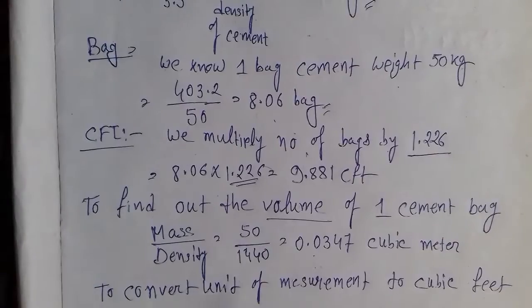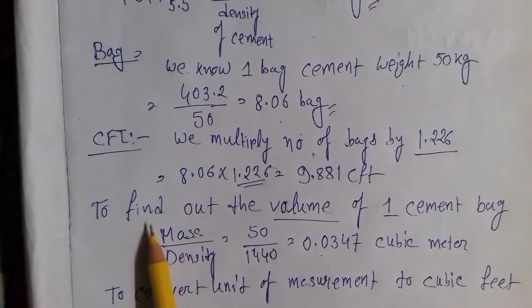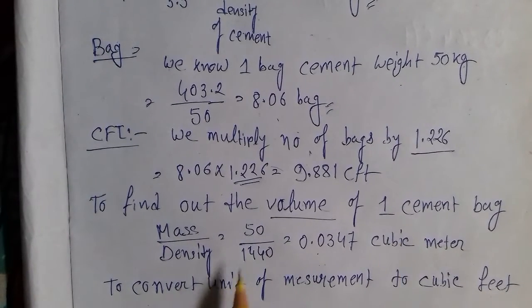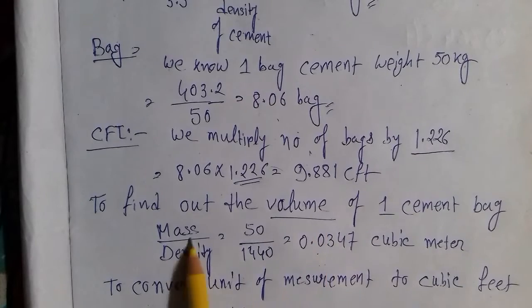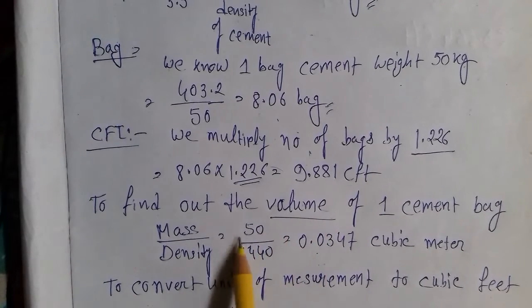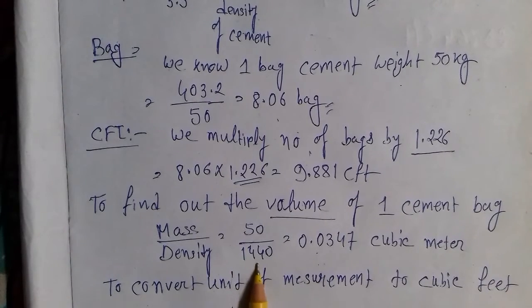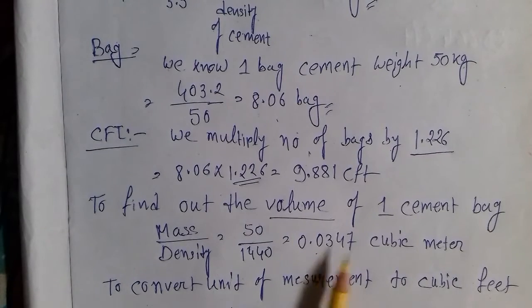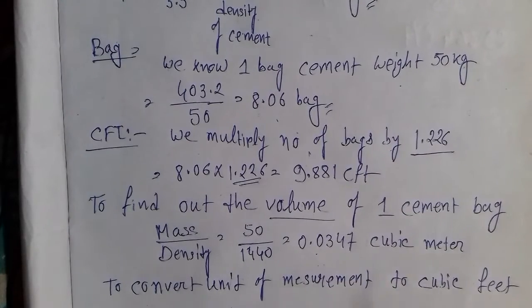Let's discuss. To find the volume of 1 bag of cement, volume is mass divided by density. Mass is 50 kg and density, I again tell, is 1440, so we get 0.0347 cubic meter. This is also a very important short question that interviewers ask a site engineer.